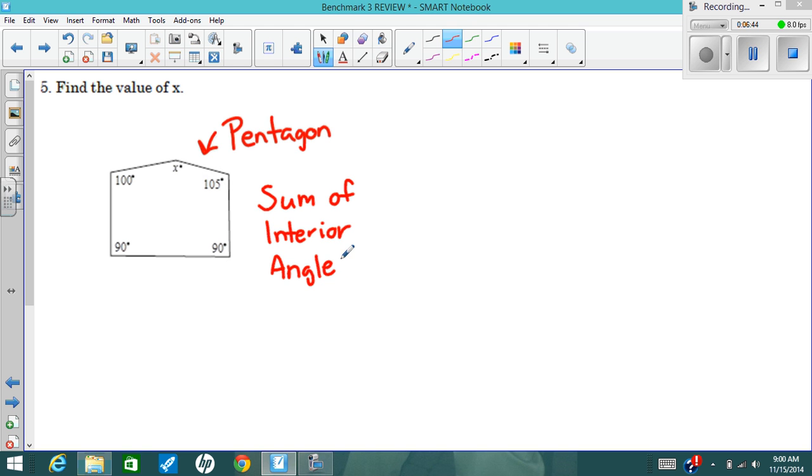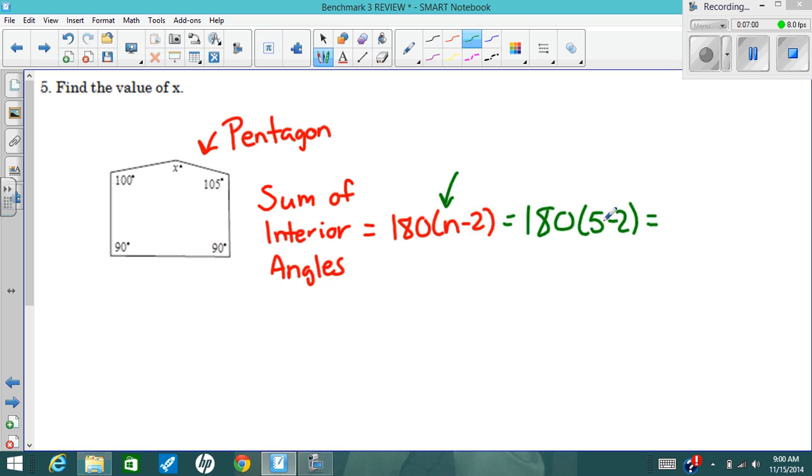And we do that by using the formula 180 times n minus 2. In this case, n, the number of sides, is 5 because it's a pentagon. It has 5 sides, so we plug 5 in for n. And when we do that, 5 minus 2 is 3 times 180 is 540.